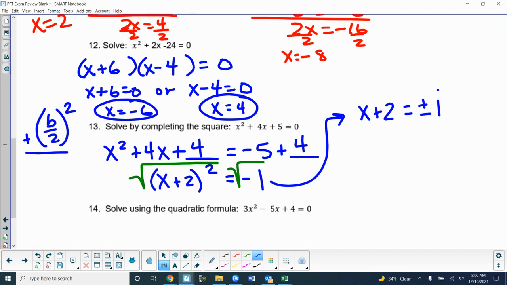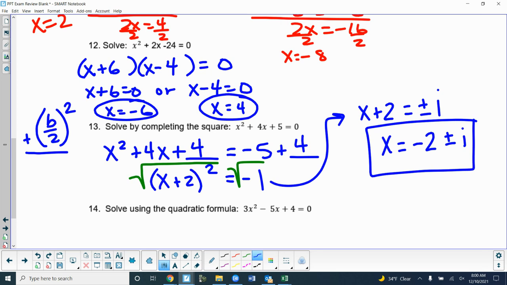And then finish up by subtracting the 2. So it's negative 2 plus or minus I. Okay? So that's solving a quadratic equation by completing the square. Question? All right.